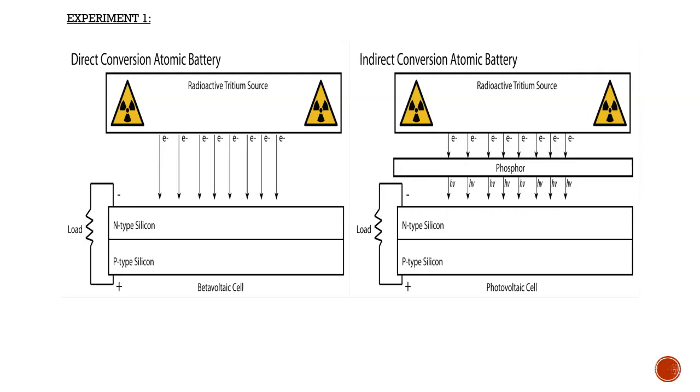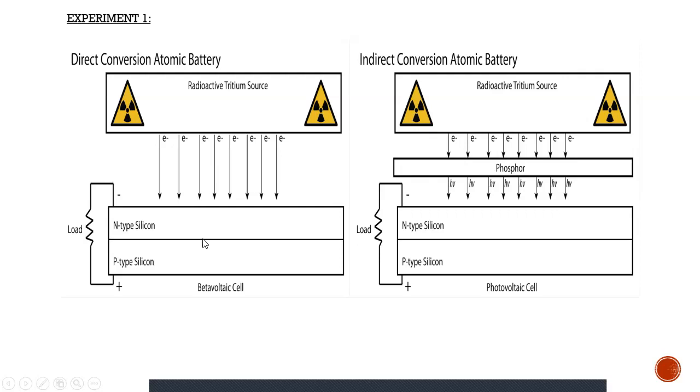So yeah, we cannot expect vast amounts of energy, but we can experiment using this. This was first experimented by City Labs in the year 2005. Here we have a radioactive tritium source, and it emits electrons or energy.